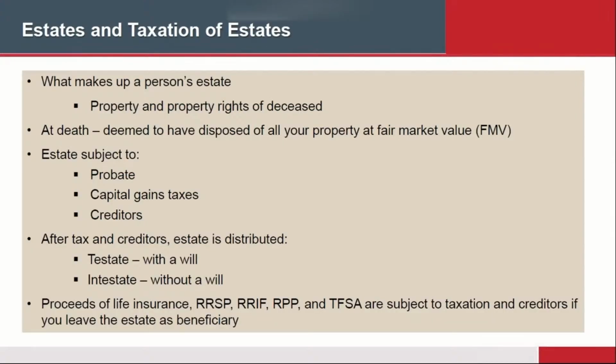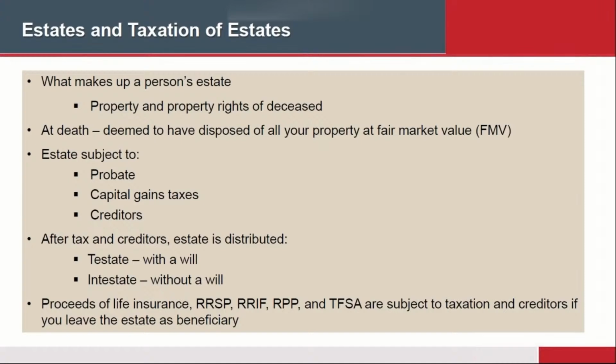So when a person dies, of course, they have what's called an estate. Every one of us has an estate. And I get this question all the time: what is the definition of an estate? Basically, in a nutshell, the estate is anything that has your name on it. So if all you've got is your car, that's part of your estate. It's as simple as that. Anything that you own forms part of your estate.